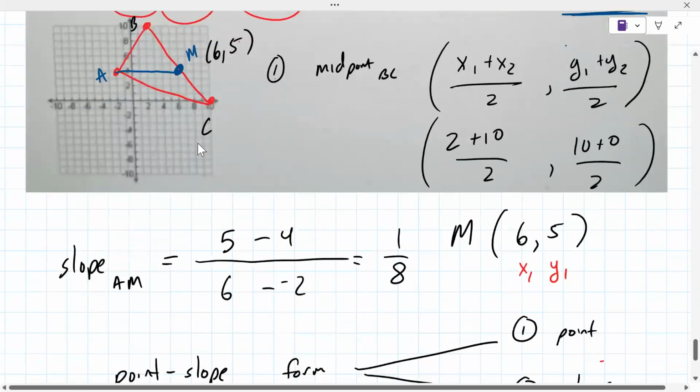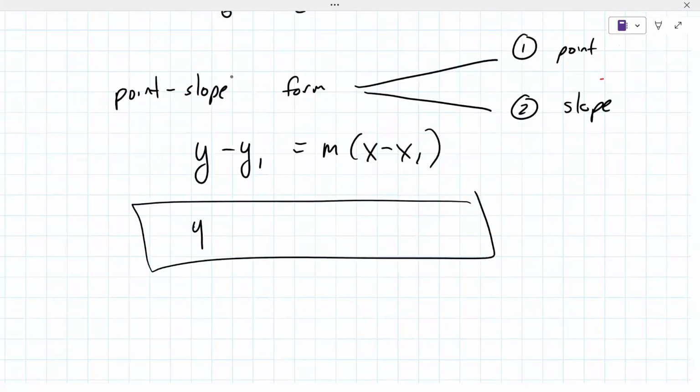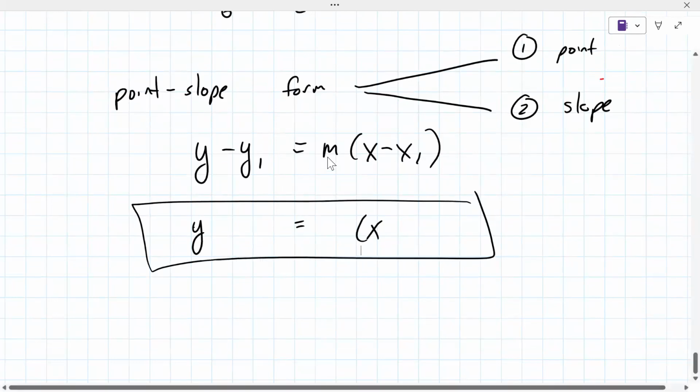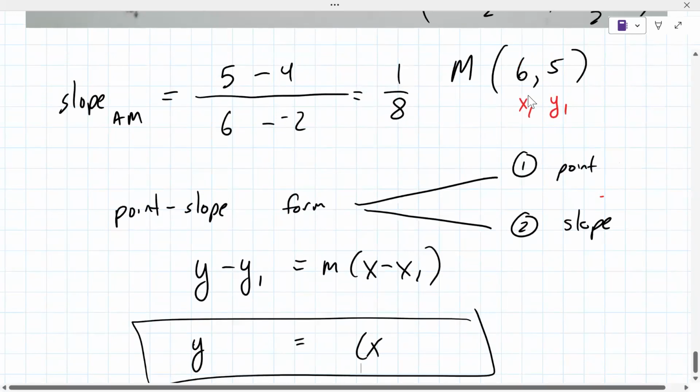All right. Okay. So your final answer has a Y and an X in it, but you're replacing m with the slope, and 6 and 5 for X1 and Y1. Okay.